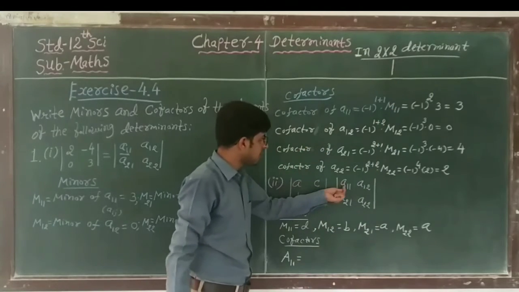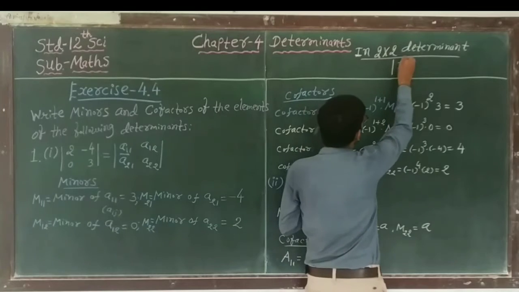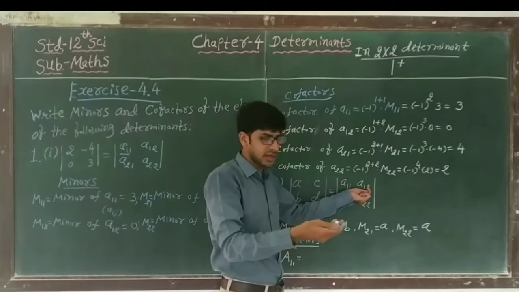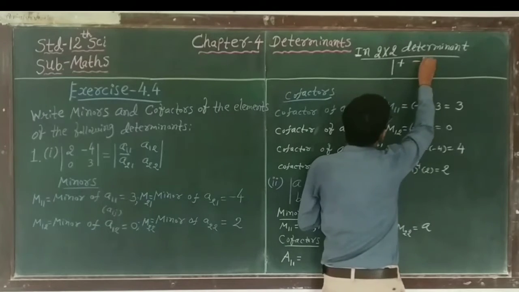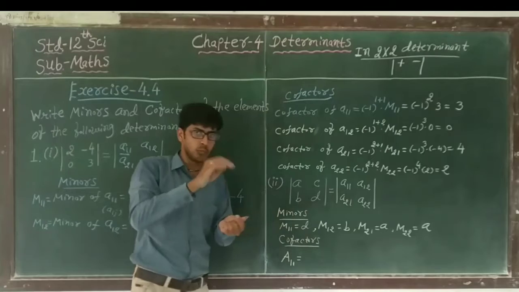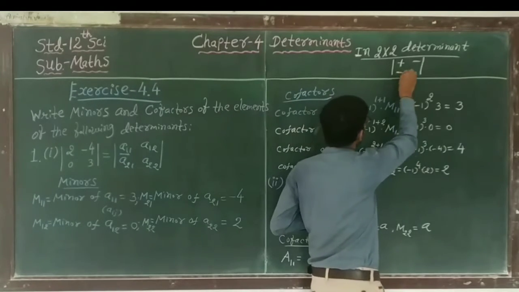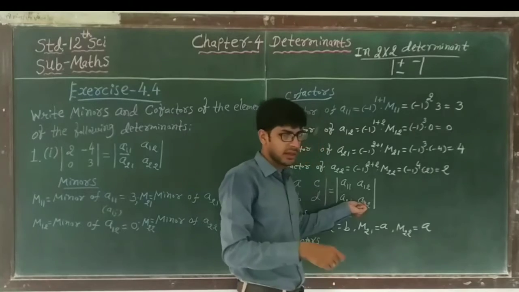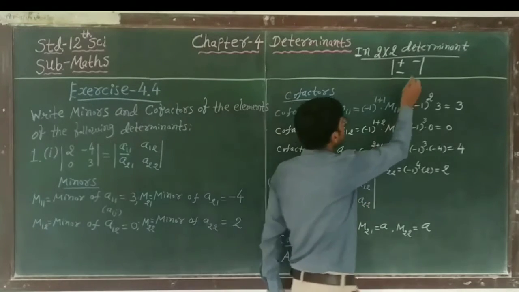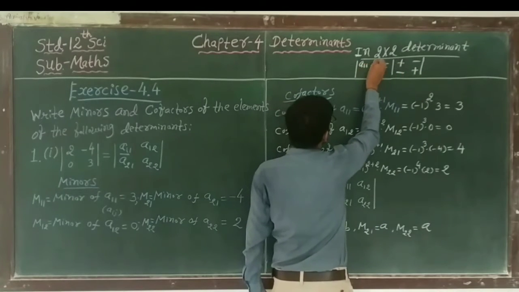First place, 1 plus 1, means minus 1 raised to 2, which gives positive. Next, A12 means 1 plus 2, 3, which is negative. Here A21 means minus 1 raised to 2 plus 1, minus 1 raised to 3, which is minus 1. And A22 means minus 1 raised to 4, which means plus.